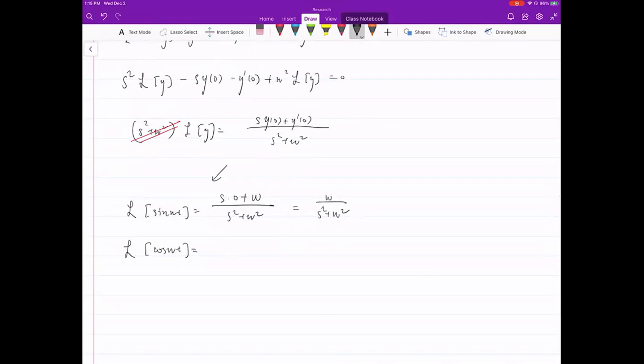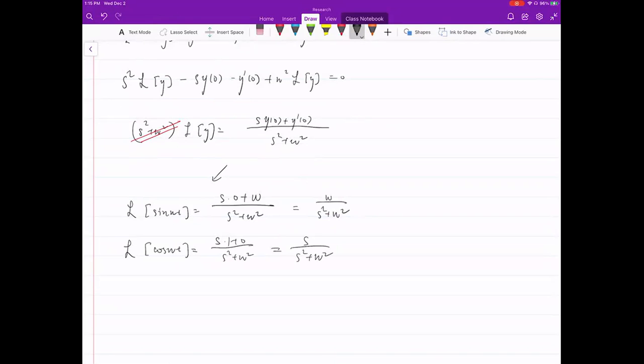So we have s times 1 plus 0 divided by s squared plus omega squared. Same process, different initial conditions.